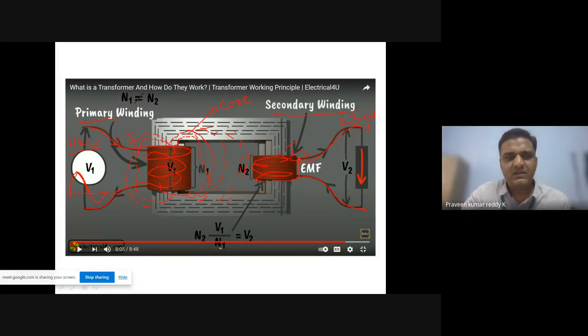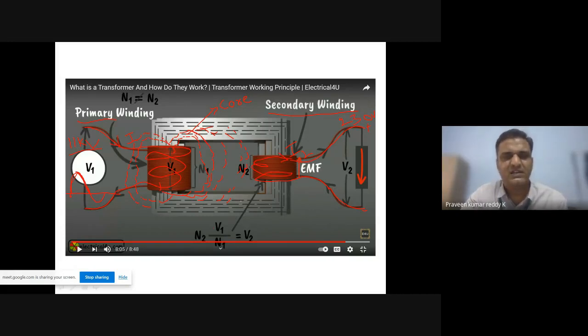And the number of turns in the primary coil will be of a different value compared to the number of turns in the secondary winding. So the ratio V1 by V2 is given as N1 by N2.